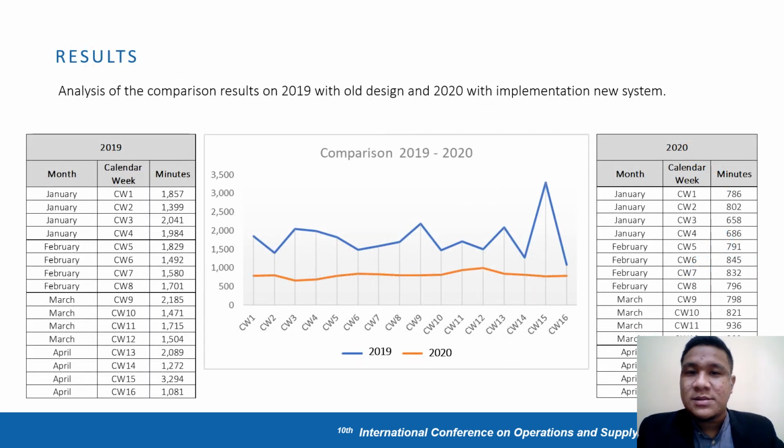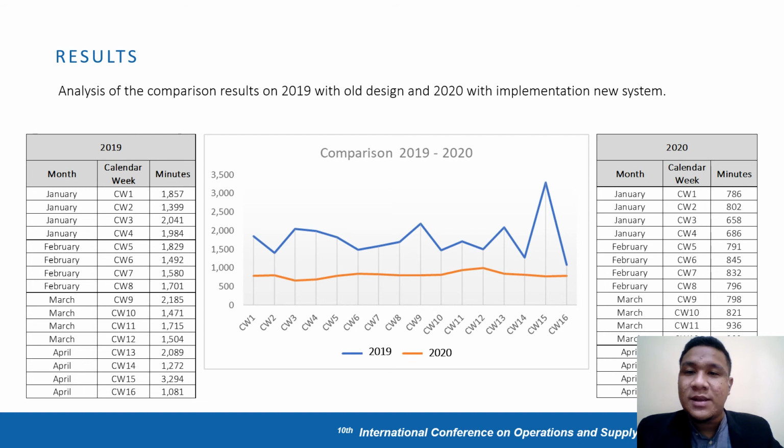And next, as we can see on this slide, the comparison from January until April 2019, the accumulated pigment lateness per week is at a level above 1000, or an average of 1781 minutes. And after implementation of the new system in the same months, January until April 2020, the accumulated pigment lateness per week is at a level below 1000, or an average of 809 minutes.